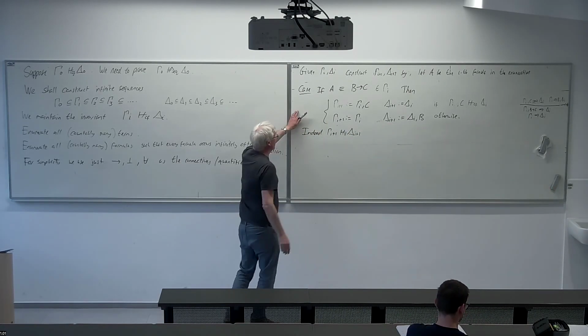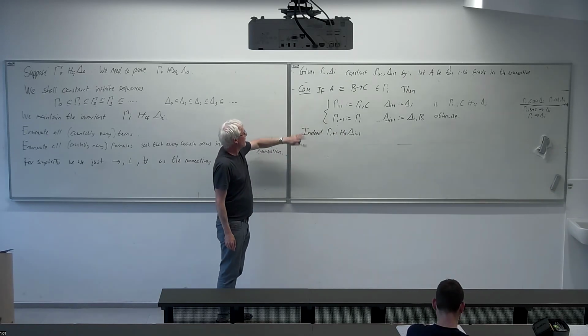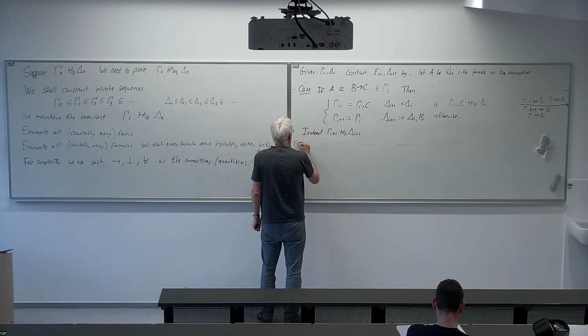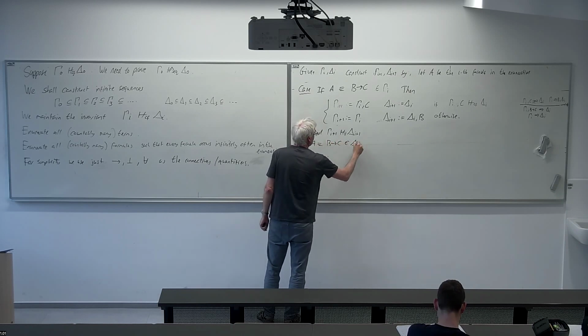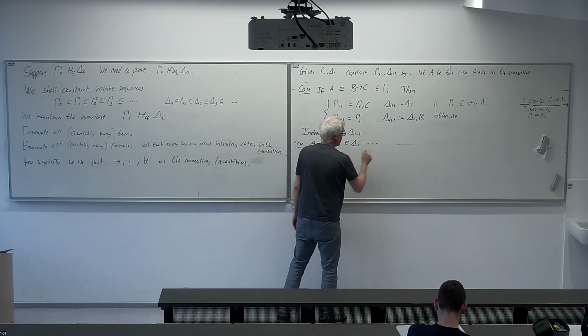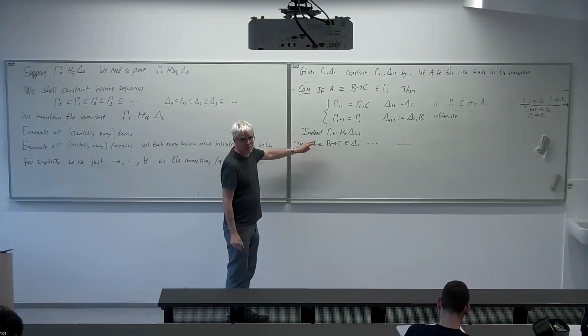So that's the main idea here. We do something similar for the case where A is B arrow C in delta i, something a bit similar, but easier. So I'll omit those. There'll be full notes on this.